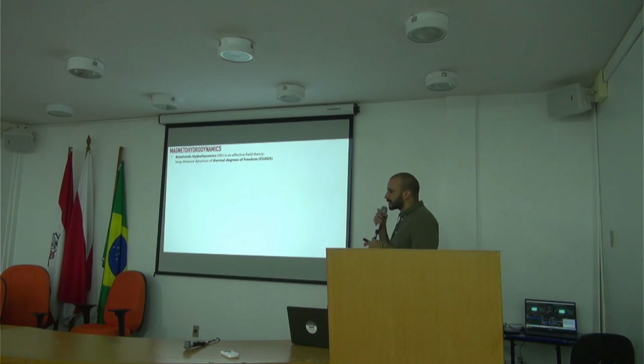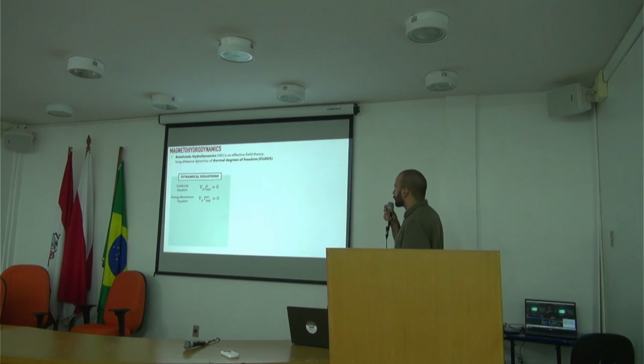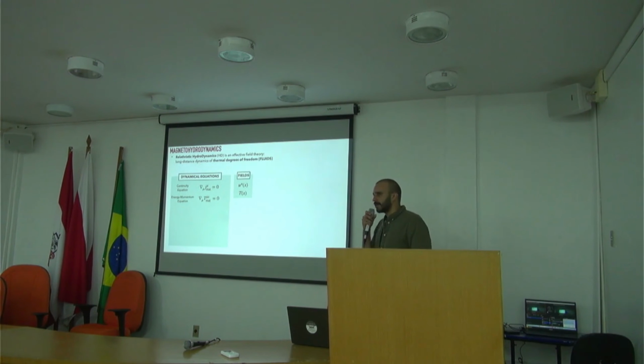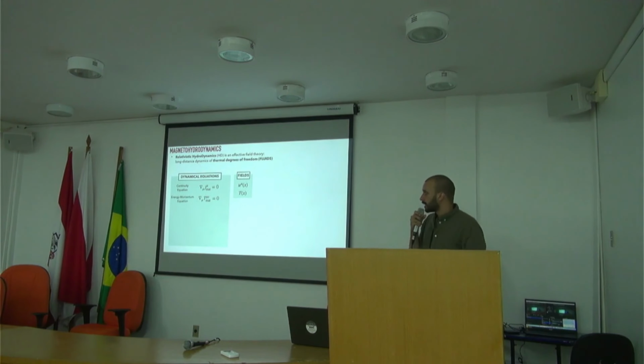So it is a long-distance dynamics in which we fix a certain length scale and we integrate out all the dynamics which is below that cutoff. The dynamical equations of relativistic hydrodynamics are the continuity equation and the energy and momentum conservation. We need to specify some dynamical fields, which in this case will be a 4-vector associated to the 4-velocity of the fluid and a scalar associated to its temperature.